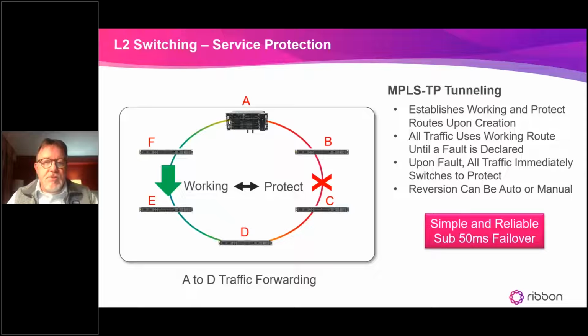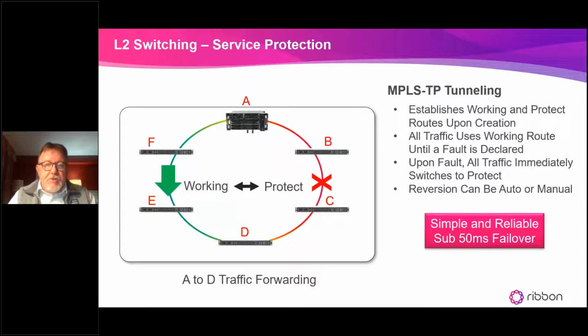That's really what this was designed after, was to have set paths, deterministic paths, where I know exactly where my traffic is going and exactly where my protect path is going. And nail those up right at the beginning of turning that service up. So if there's ever a fault and it switches over, I know immediately what path my protect traffic is now running on.